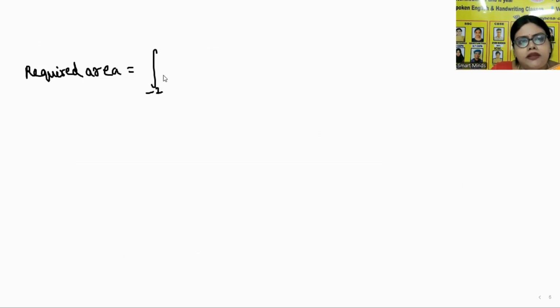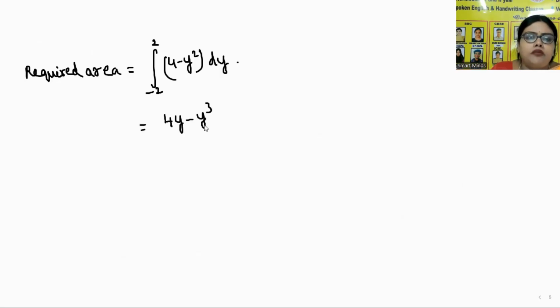Required area is integral minus 2 to 2, 4 minus y square dy. So that is 4y minus y cube by 3 from minus 2 to 2. First let us apply y is equal to 2.